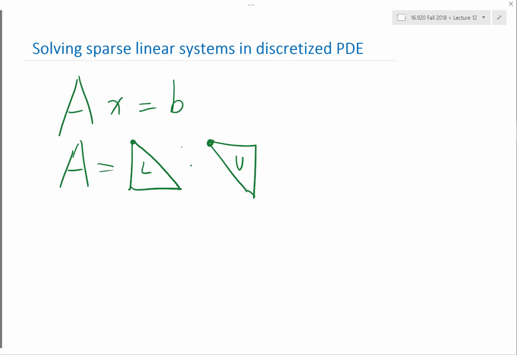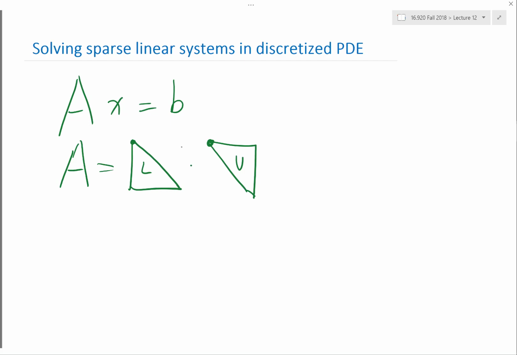So you will be multiplying two numbers to construct the first row of A and the first column of A. Think about it. When you multiply the first column of U, which is one number, with any row in L, you are just multiplying that corner of U with the first column of L.